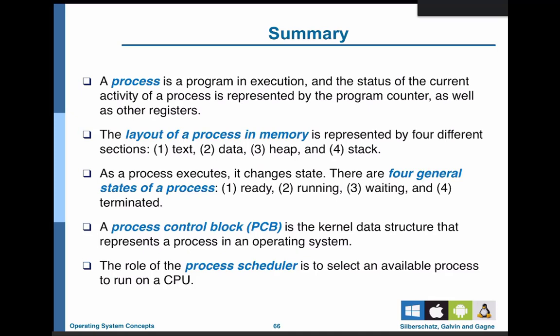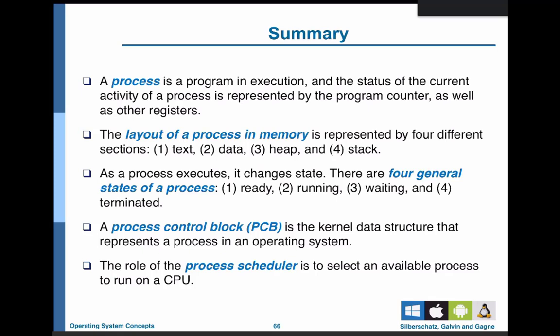As a process executes, it changes state. There are generally four states of a process: ready, running, waiting, and terminated, as well as when a process is newly created. A process control block is a kernel data structure that represents a process in an operating system.